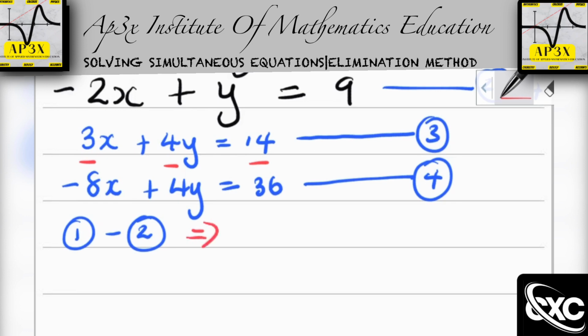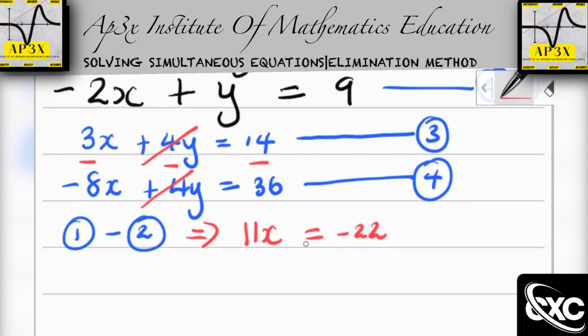So you'll find here that 3 take away negative 8 works out to be 11x, because 3 take away negative 8 becomes 3 plus 8, which is 11x. Obviously 4y take away 4y is 0, and 14 take away 36 works out to be negative 22.